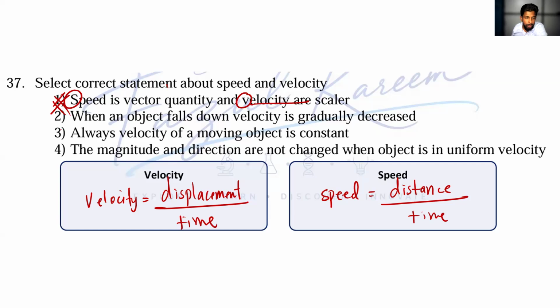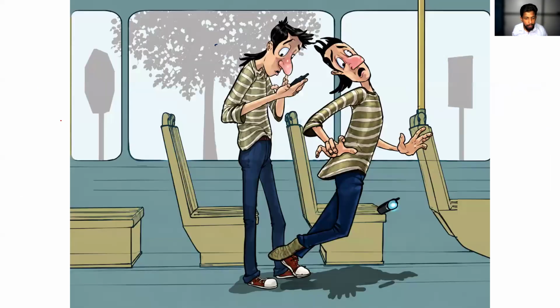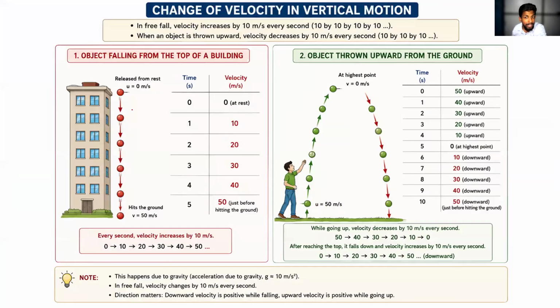And the second one: when the object falls down, velocity gradually decreases. You may remember we explained this in our last class. When you are dropping an object, what will happen to the velocity?